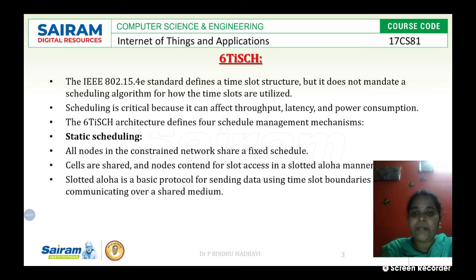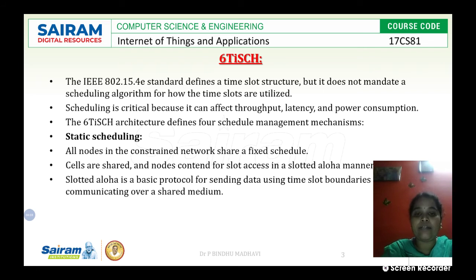The first scheduling part is static scheduling. All the nodes in the constrained network will share a fixed schedule. Constrained nodes are nothing but smart devices which can be connected within the network. Static scheduling, as the name itself says, means the scheduling process is fixed. Within the constrained network, all the constrained nodes will go ahead with a fixed schedule, and accordingly the cells or portions of the frames will be shared.